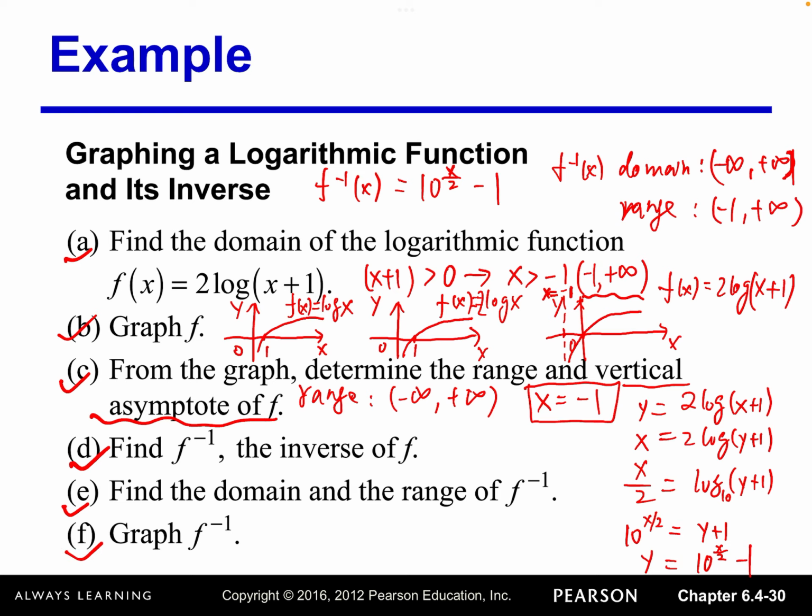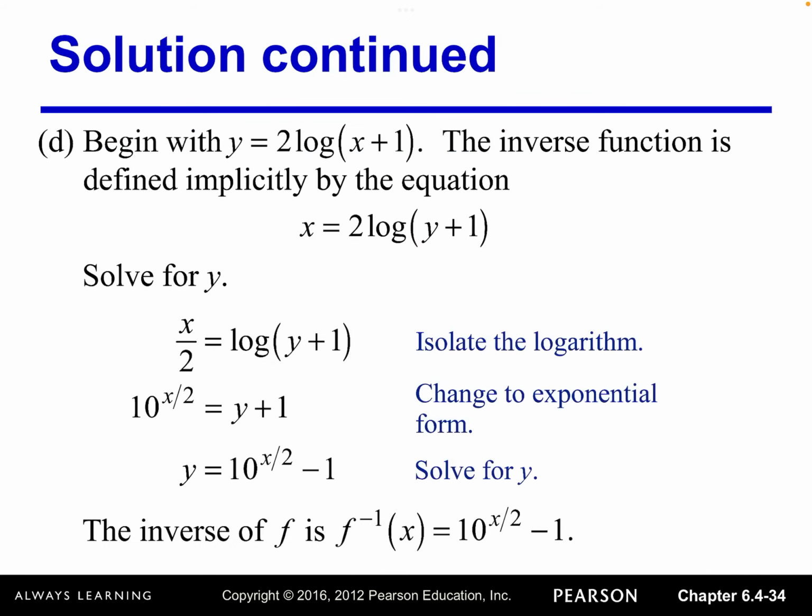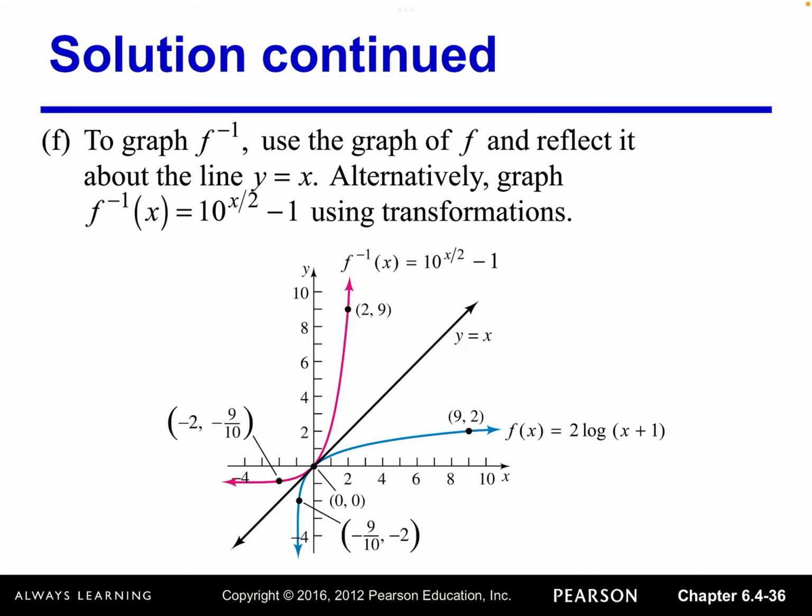And then to graph the inverse function, we use the fact that the inverse function's graph is symmetric with respect to the identity function's graph. Let's look at a more accurate graph. The red one is the inverse function's graph. The original log function is in blue, and this black line is the identity function's graph.